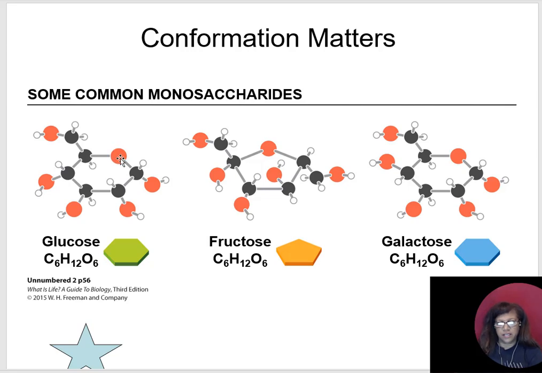Take any oxygen here and follow it, and you'll see that we have a very different conformation as we look at glucose versus fructose, even though the molecular formula is exactly the same. Same thing when we look at galactose, exact same molecular formula, C6H12O6, but it's the conformation of those molecules that makes a completely different molecule, and it's going to function differently in the body because of that conformation. Okay?